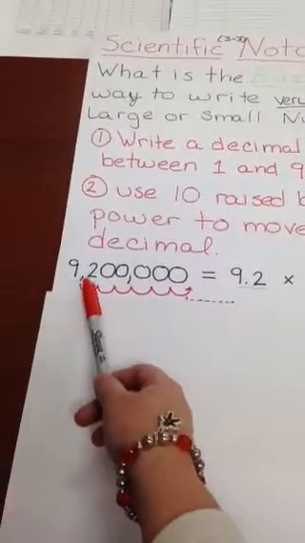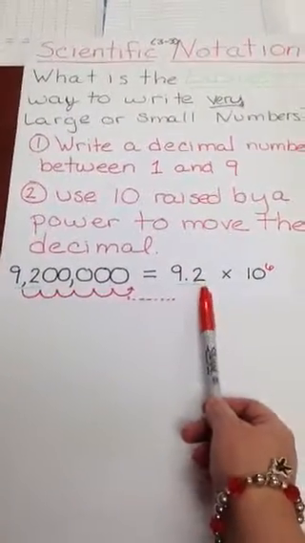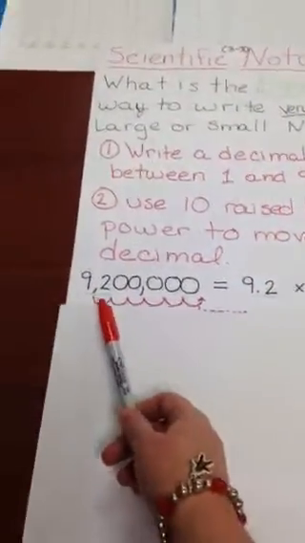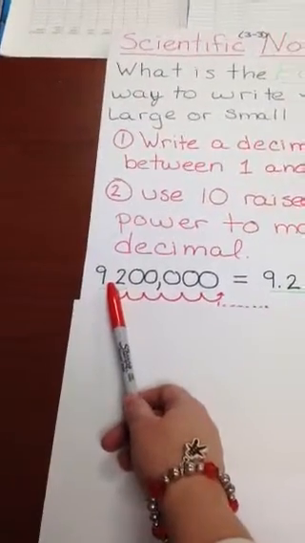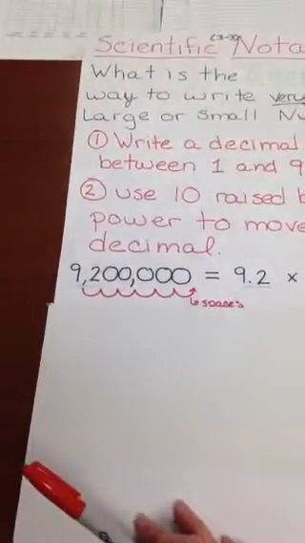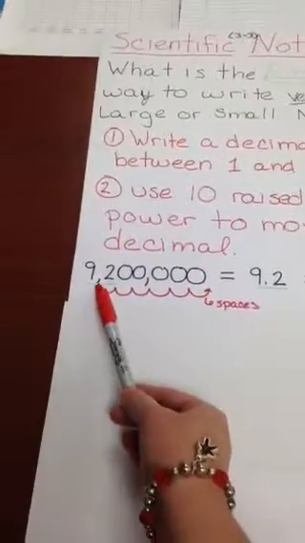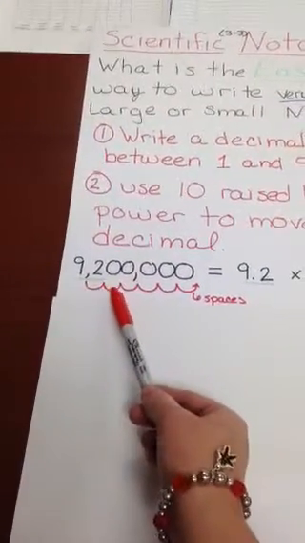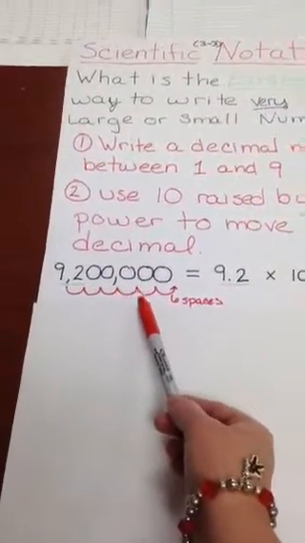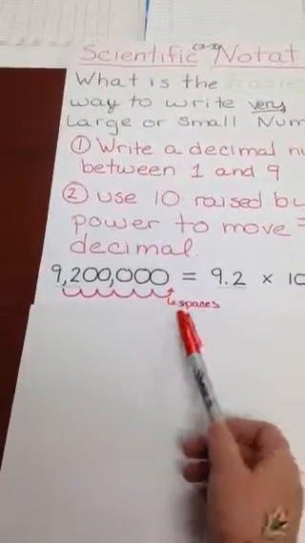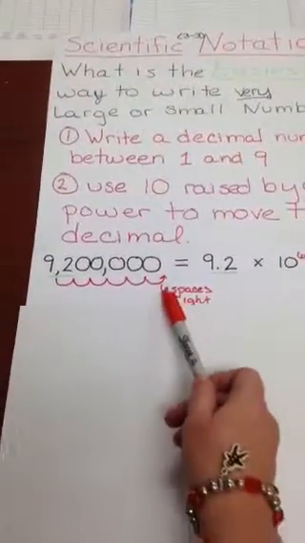So since it says 9 and 2, I would write 9.2. Now, if I had a decimal between 9 and 2 and I wanted to move it to the end of this number, I would move it 1, 2, 3, 4, 5, 6 spaces to the right.